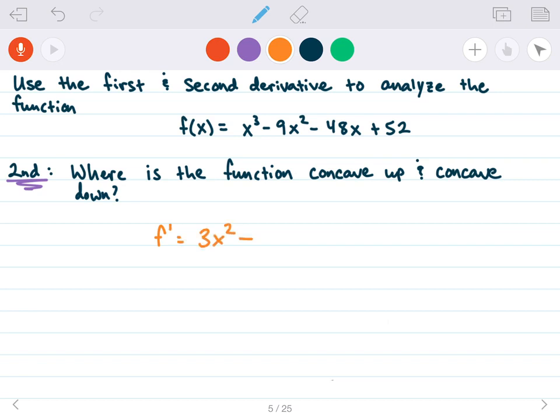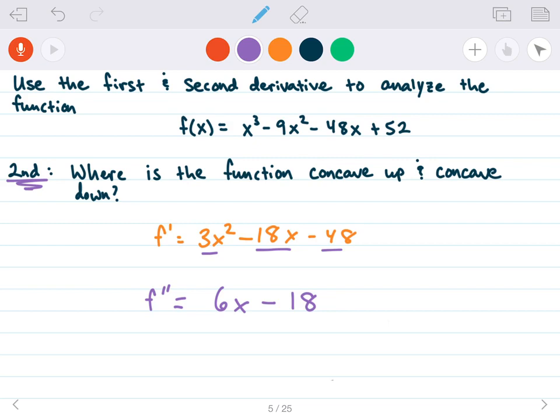Now let's take the second derivative and analyze that. Again, we're just going to use the power rule for each of these terms, and we get 6x minus 18.